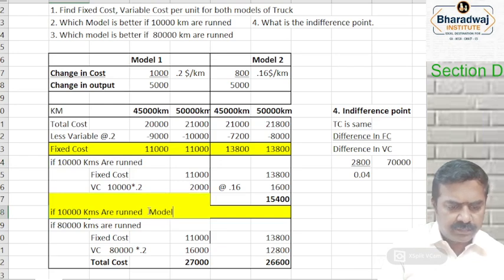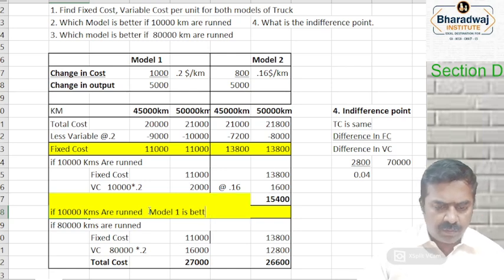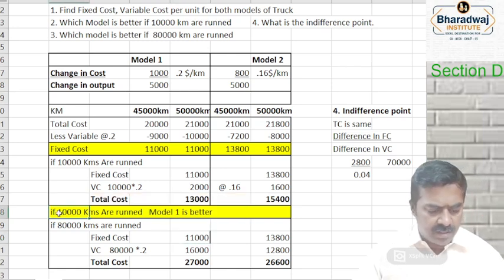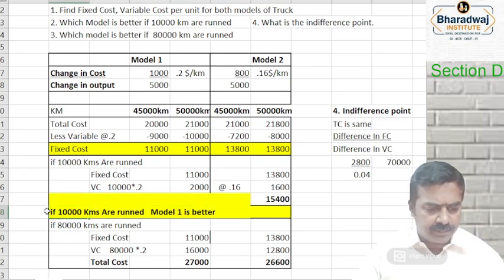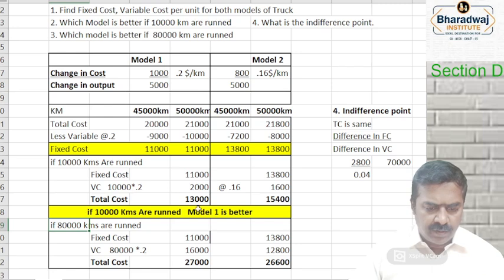Model 1 is better. Why is model 1 better? Because it has the lower total cost. Look at the total cost, that is low.